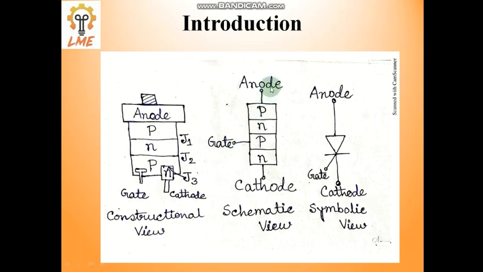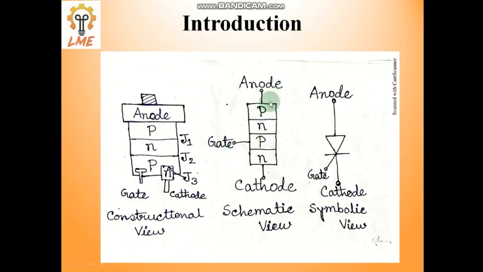So what is the working of this gate? In case of a diode, we know a diode can flow current in only one direction, anode to cathode. But that is uncontrolled, meaning when the anode is positive and cathode is negative, current will flow. No control in our hand. In this SCR, it is the same thing, but it is a controlled device, because there is a gate terminal included.